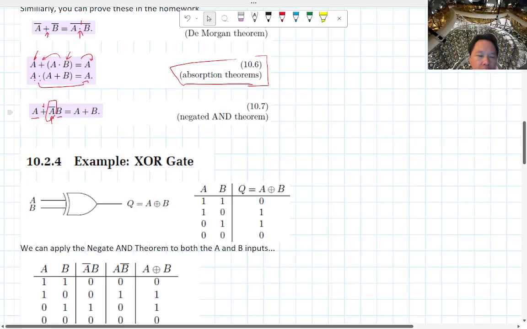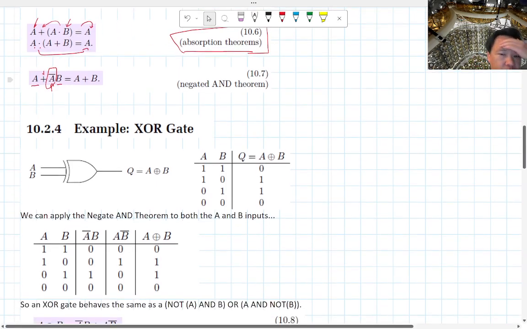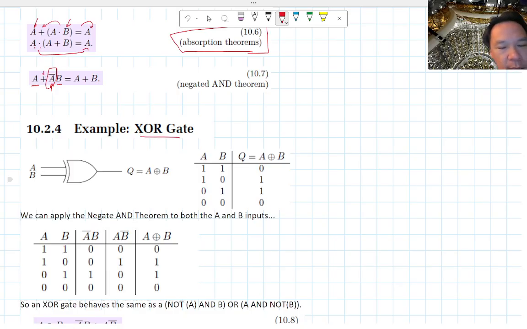So let's do an example to clarify why these theorems are useful. Let's start with the XOR gate, which is what the book example is. The exclusive OR gate is only high if one of the inputs is high and everything else is 0. A is high here, B is low, so you get 1.